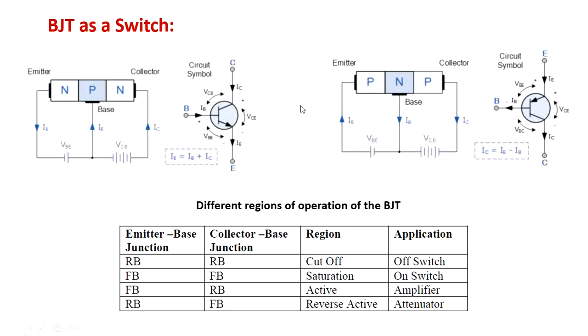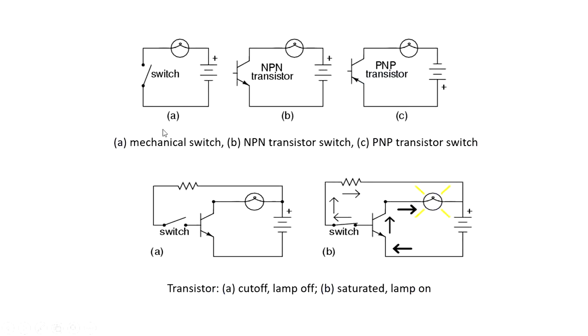Now for switching purposes, as we can use BJTs for making gates also, we'll use the BJT in these two regions: cutoff region if we want the switch to be off, and saturation region if we want the switch to be on. You have to keep this in mind. See, this is a mechanical switch. When you close it, the circuit closes and this bulb will glow.